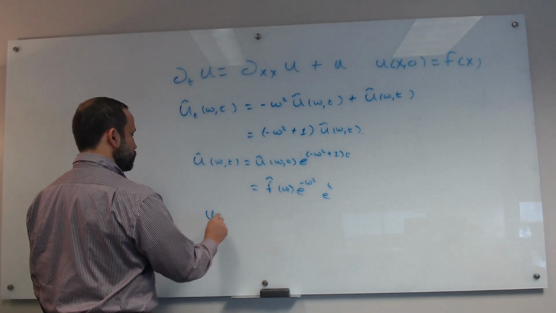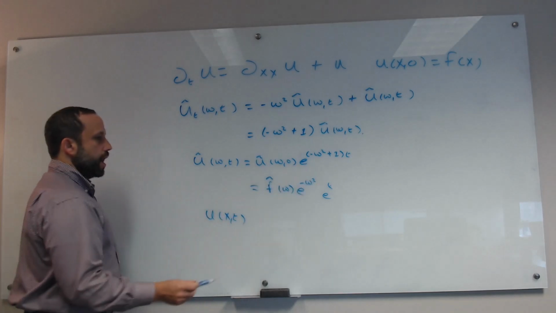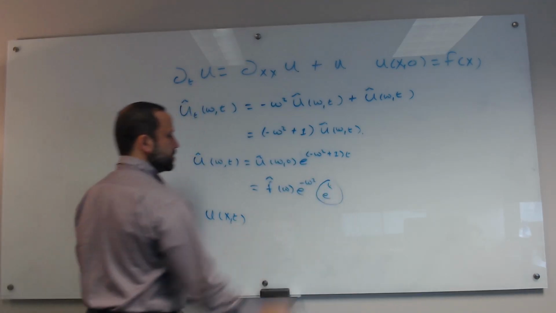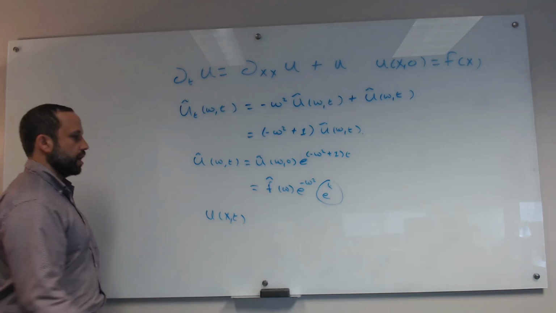Now what I want to do is take the inverse Fourier transform of this function right here. This doesn't have any omega, so as far as the Fourier transform is concerned, that's just e to the t, just a constant.